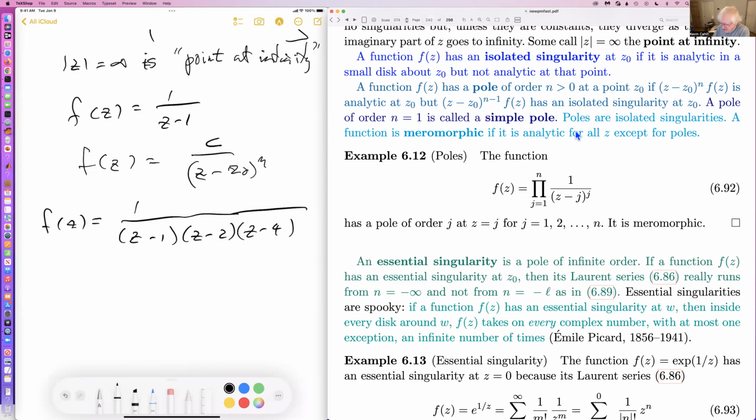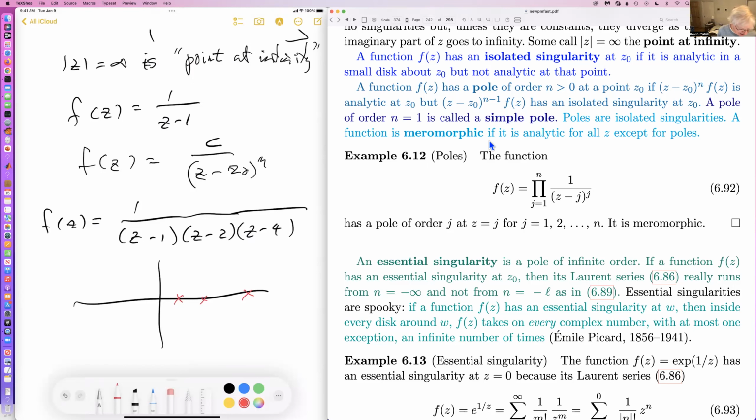Notice that these are isolated singularities. Because these singularities are isolated and there are a finite number of them, we say that it is meromorphic. In fact, you could have an infinite number of singularities; it would still be meromorphic.